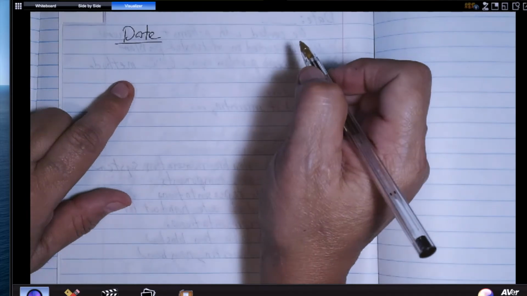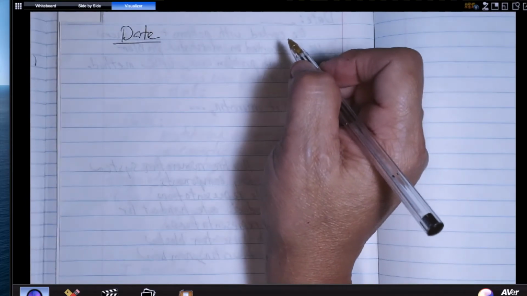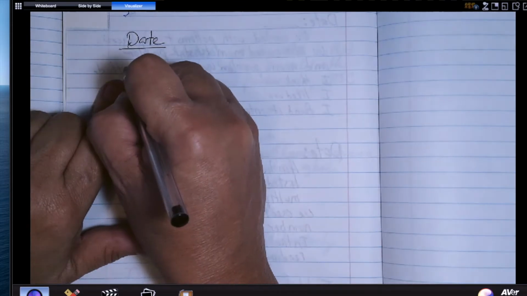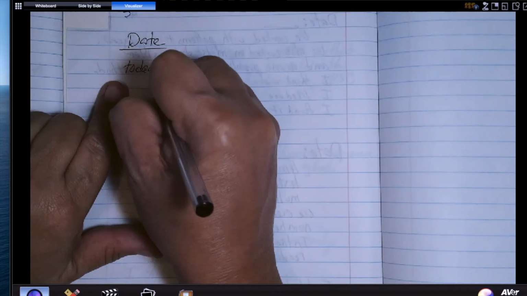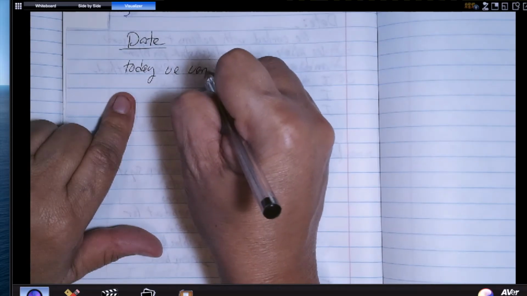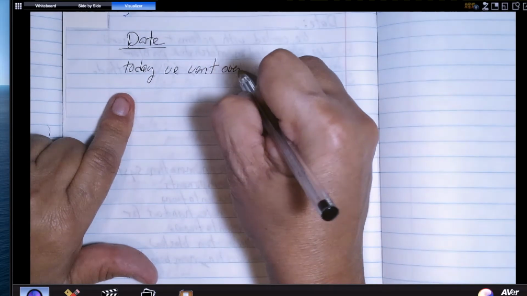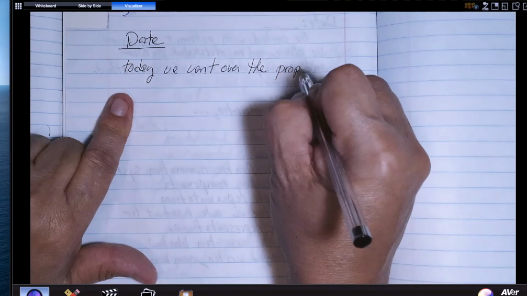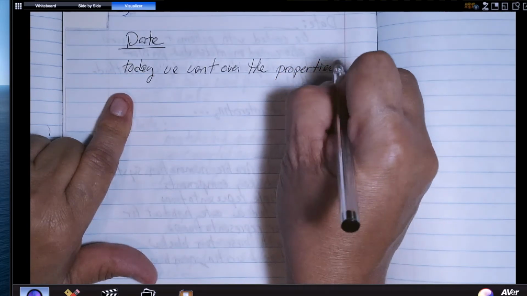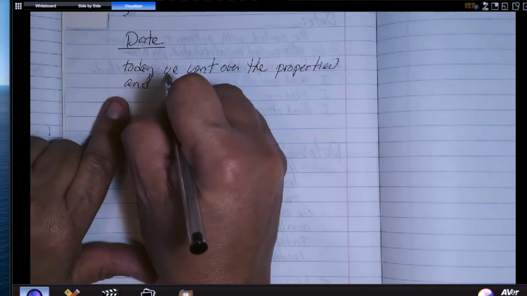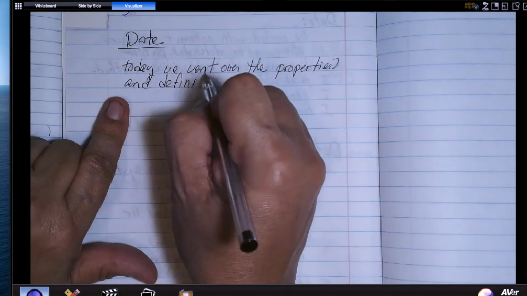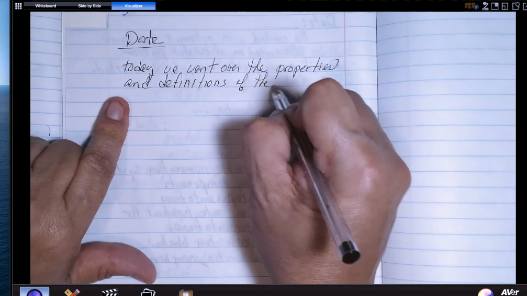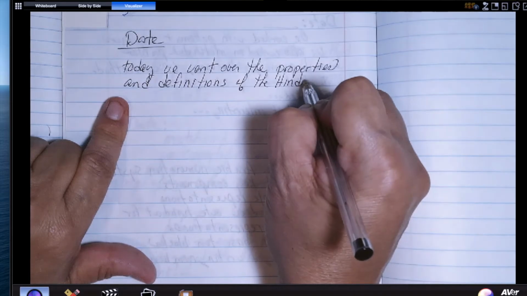Okay, so today we worked on the Hindu-Arabic numeration system. We went over the properties and definitions of the Hindu, isn't that weird?